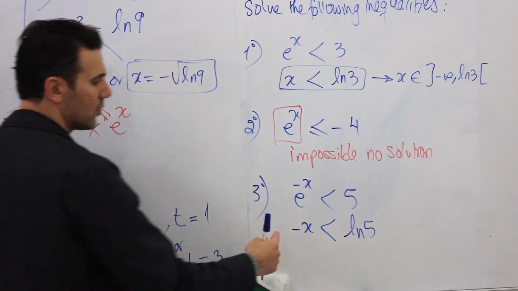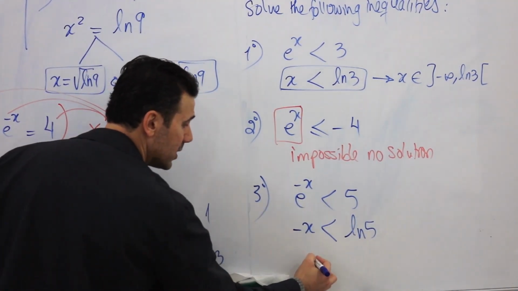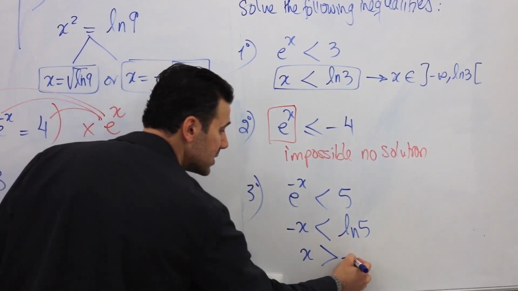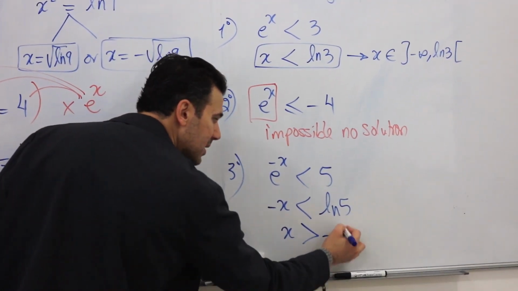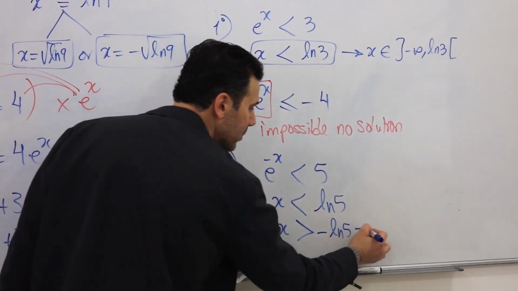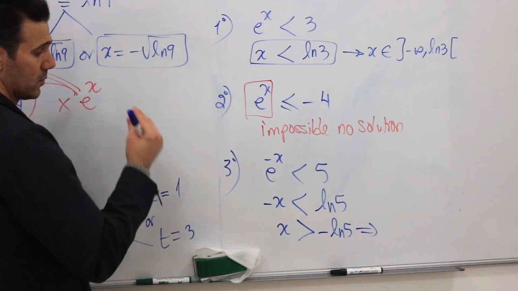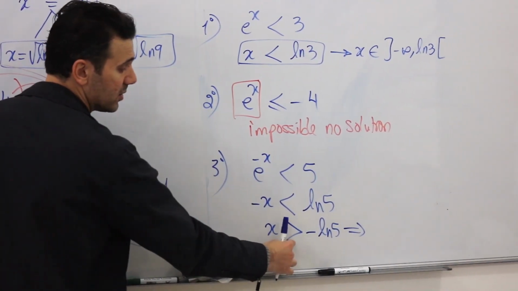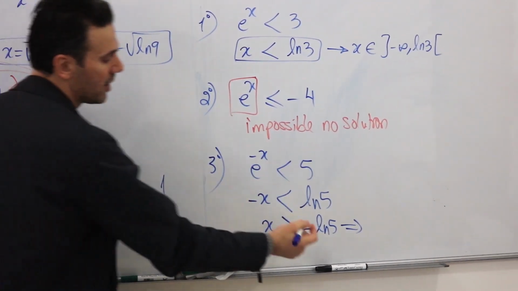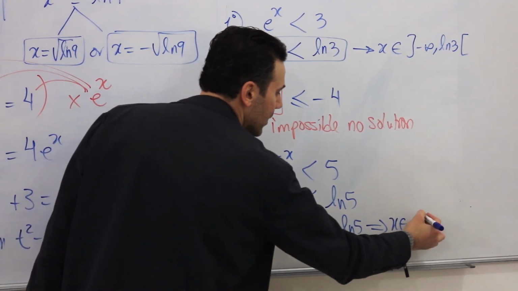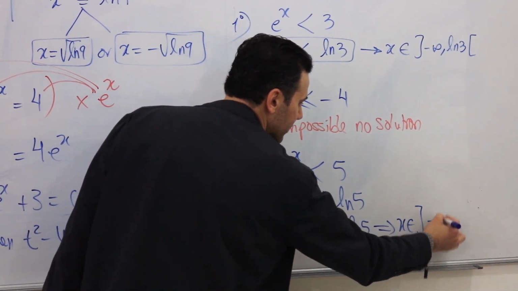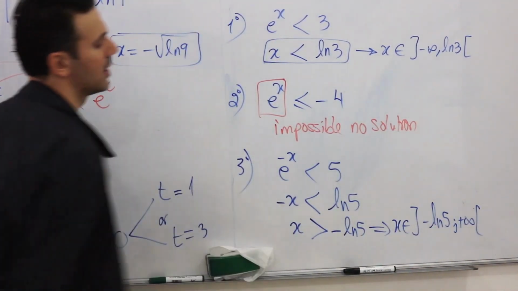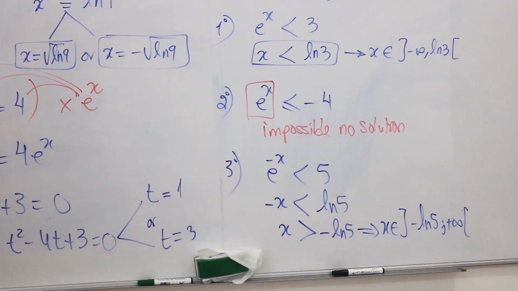But we need x, so multiply both sides by minus 1 to get x. Don't miss to reverse the inequality, which is x greater than minus ln 5. This implies that x belongs to R as from the beginning, and with this condition x is greater than minus ln 5, so x belongs to the interval from minus ln 5 till plus infinity. That's it.